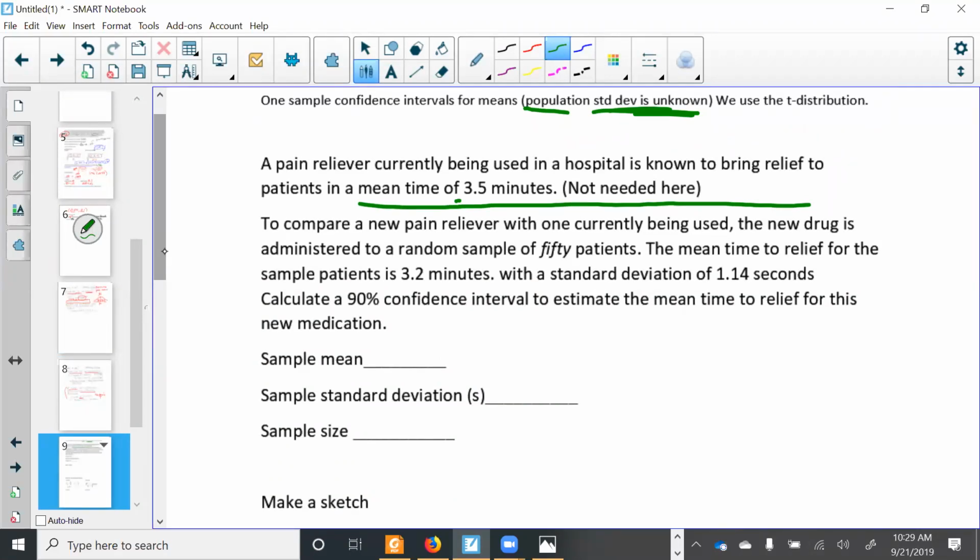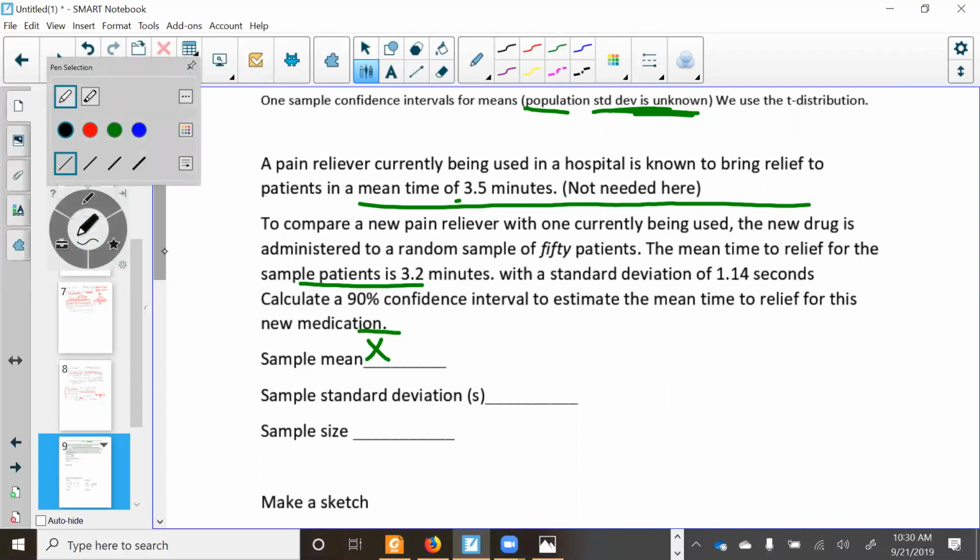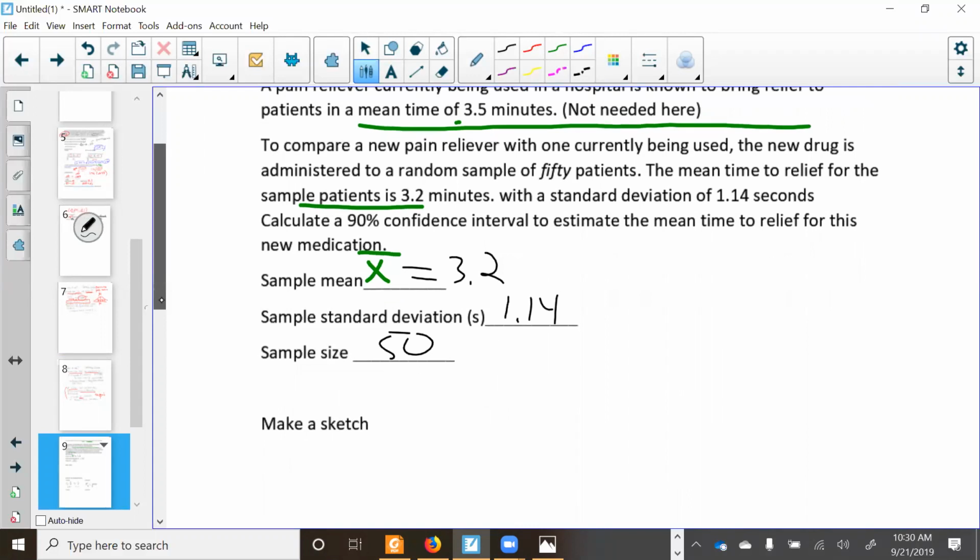That's an aside. We don't need this to calculate the confidence interval. But we do know the sample mean, X bar, is 3.2. The sample standard deviation was 1.14. The sample size was 50. So we've done these calculations already.